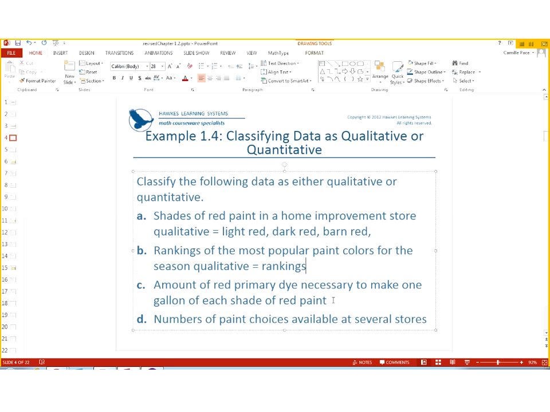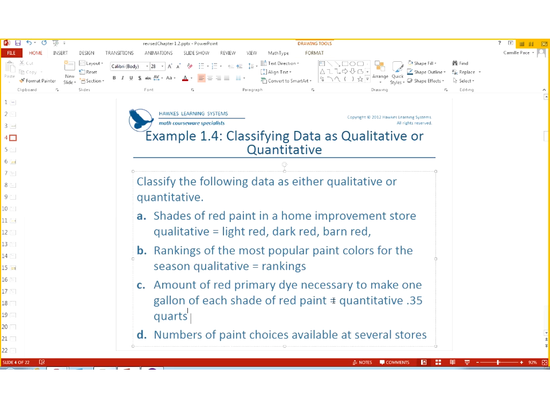Amount of red pigment dyes necessary to make 1 gallon of each shade of red paint. Okay, that's going to be quantitative because if we say, as an example, we need 0.35 quarts of red dye, that's a measurement.